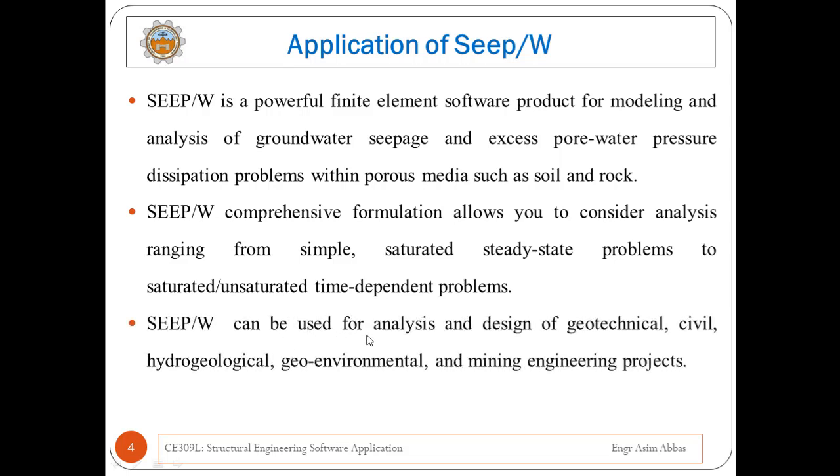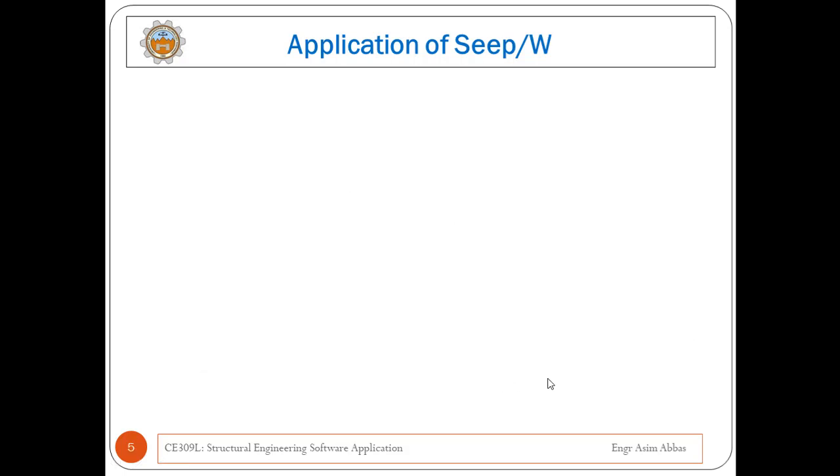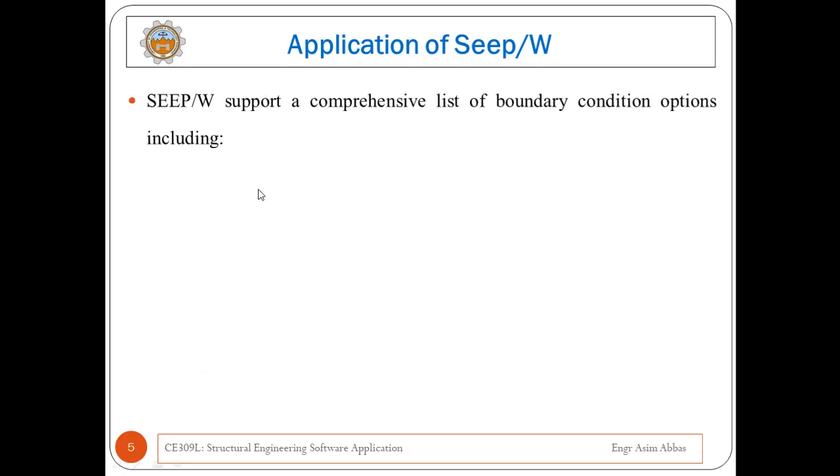Seep can be used for analysis and design of geotechnical, civil, hydrogeological, geoenvironmental, and mining engineering projects. Seep supports a comprehensive list of boundary condition options including total head, pressure head, flux rate, and flow rate.